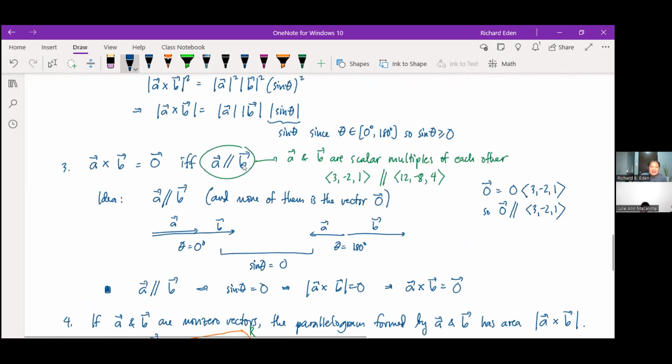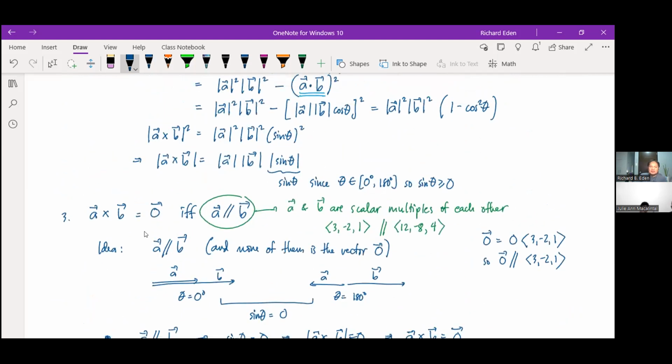I know we had this property with number 3, which says that parallelism of 2 vectors is equivalent to their cross product being 0. But actually, this is just for theoretical purposes. If you want to show that 2 vectors are parallel, you just need to do it by inspection. Is there a scalar multiple that exists between the two of them?